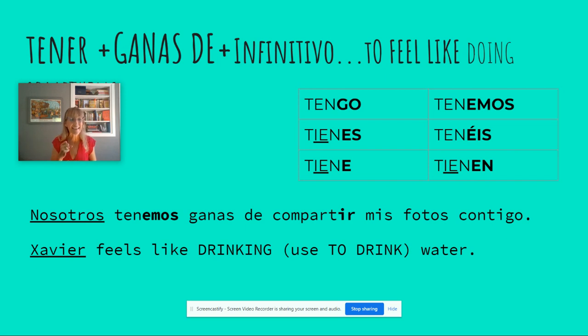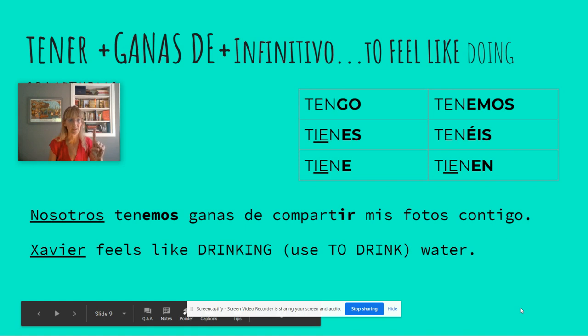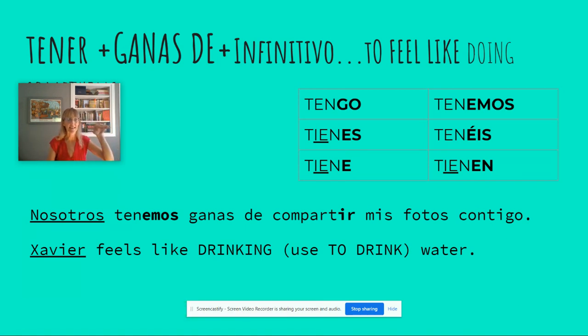Xavier, he feels like, so this is not a have to, this is a he feels like drinking some water. So we're going to say Xavier is one person. So automatically I have to go on the left side. Tengo, tienes, or tiene. Am I involved? Nope. So it's not yo tengo. Am I talking to you? Nope, not talking to you. So it's not tienes.